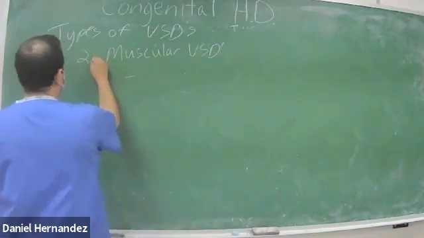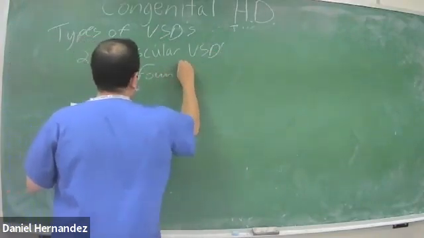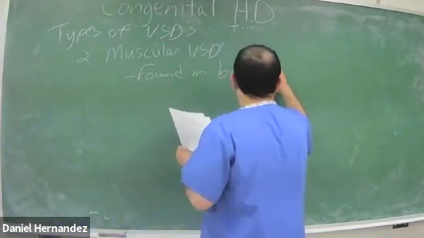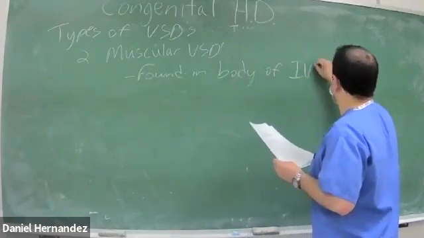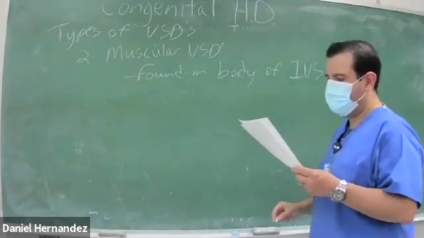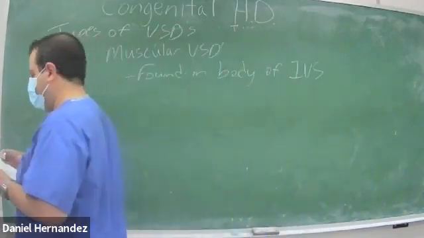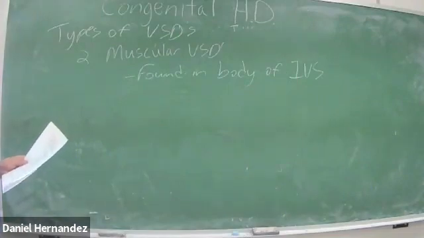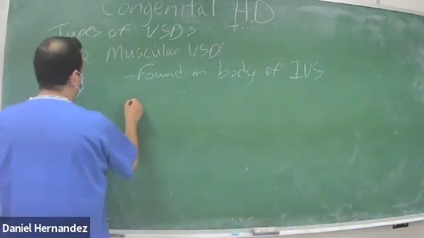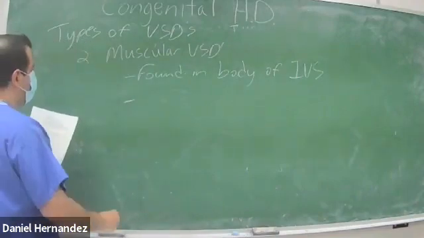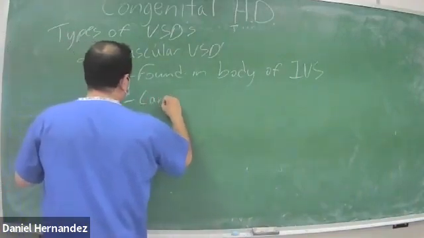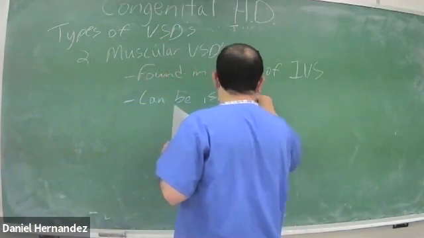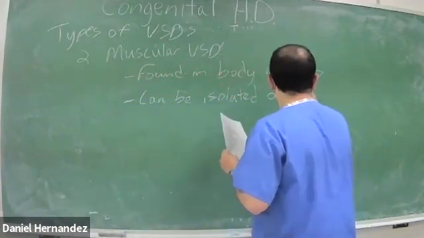These are found in the body of the ventricular septum. Can be isolated or multiple.